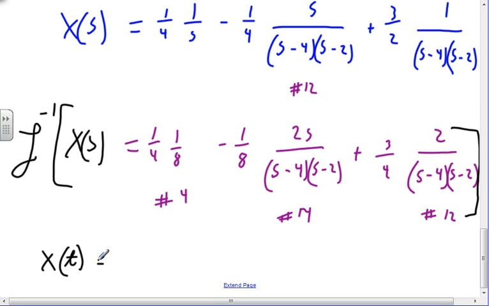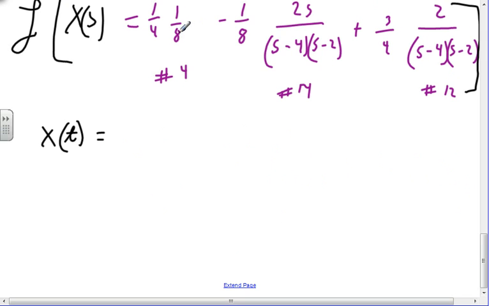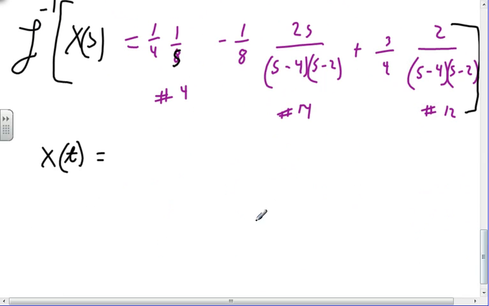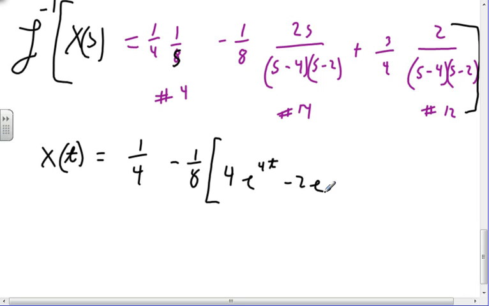X of t equals 1/4 minus 1/8 times, number 14 is going to be a, which is 4, e to the 4t, minus b, which is 2, e to the 2t, plus 3/4 times e to the 4t minus e to the 2t.